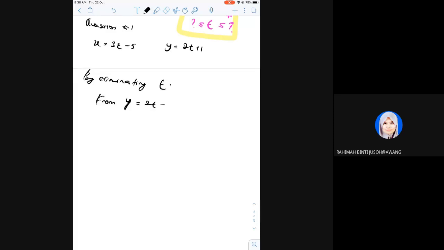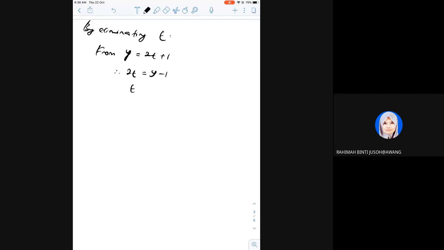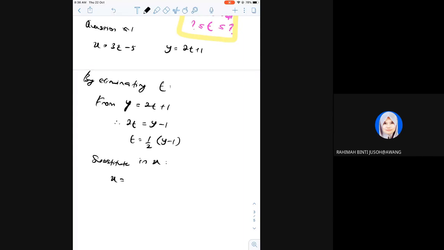So from y, 2t plus 1, therefore 2t equals to y minus 1, right? So t equals to 1 over 2 (y minus 1). Substitute this in x. Okay, so x equals to 3t minus 5.